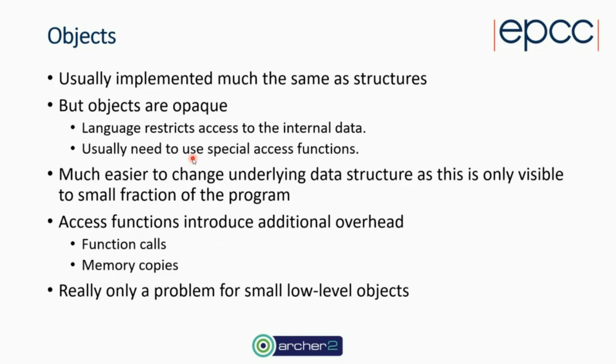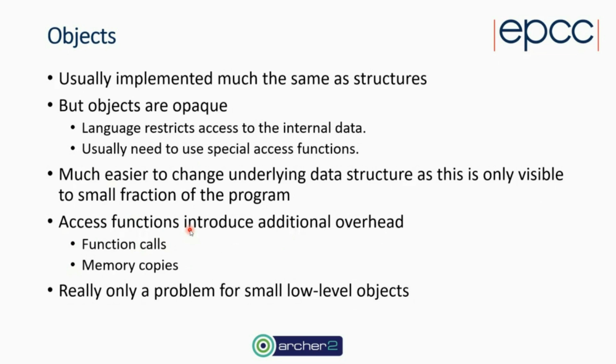One of the main features of objects, of course, is that generally they're all about restricting visibility of data from outside the object, and then providing accessor and setter methods to get data in and out. This access functionality, as we discussed yesterday, can be a bit of an overhead, because it adds function calls and memory copies for moving data around to get in and out of data objects.